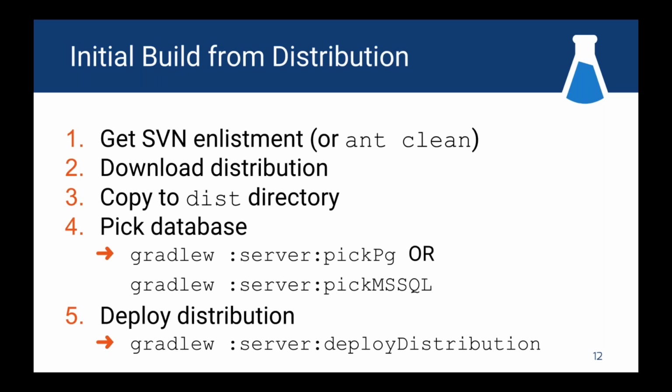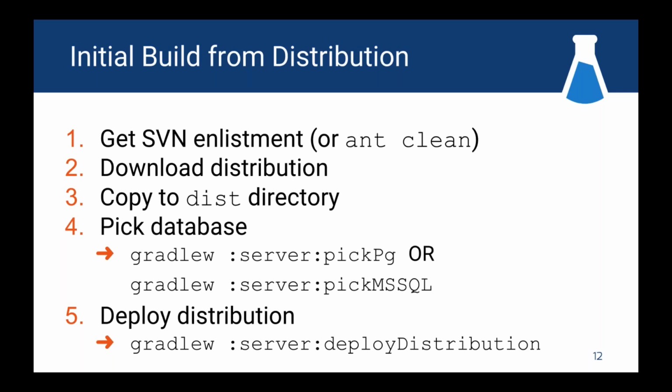Okay, so let's say that you get a LabKey distribution in your support portal, and you want to do an initial build using that distribution. So first you need to get your SVN enlistment, which you probably already have. And if you already have it and you've been building with Ant, it's important that you do an Ant clean before you transition to using Gradle.